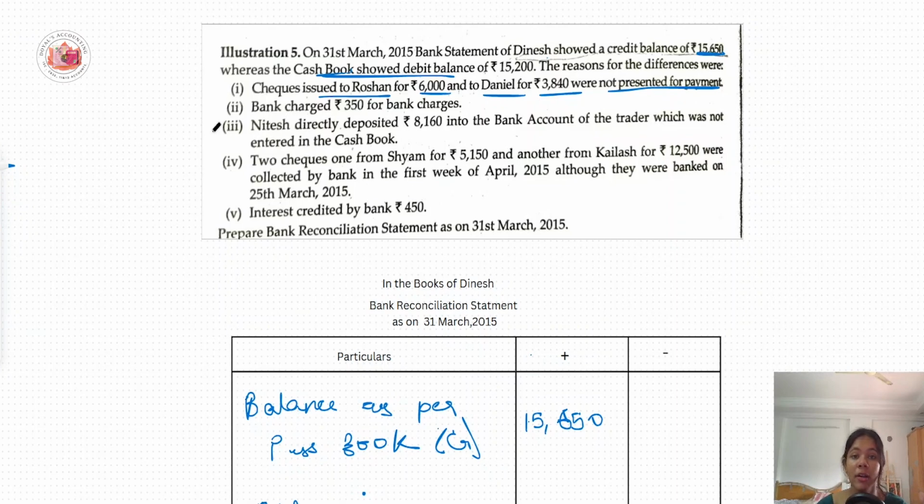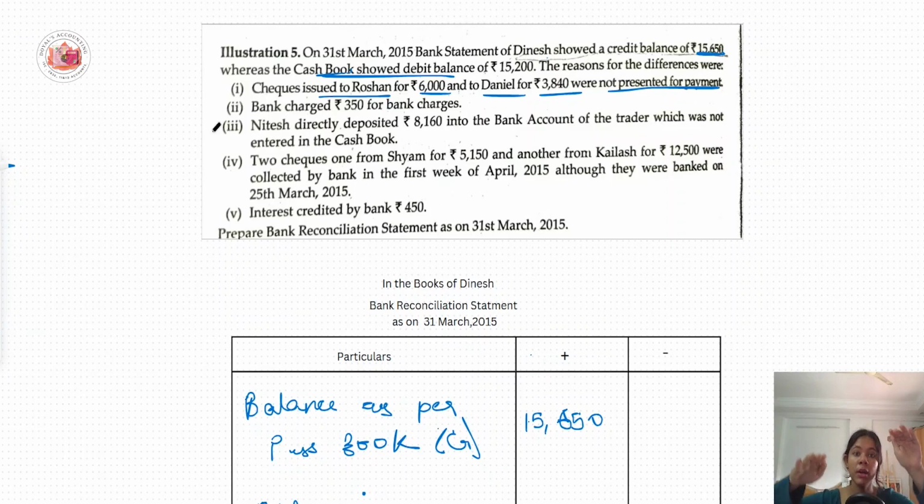But these checks have not yet been presented to the bank. So that means this 9,840 has not been deducted from our bank account. So our passbook balance is more and our cash book balance is less, and we are starting with our passbook balance, so we have to make adjustments to our passbook balance only.